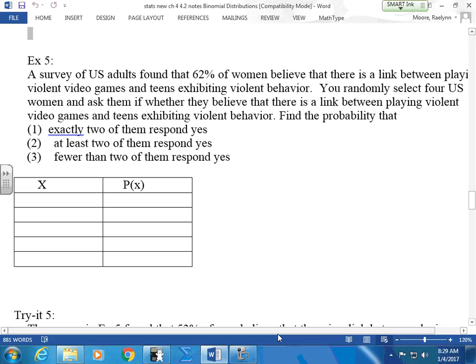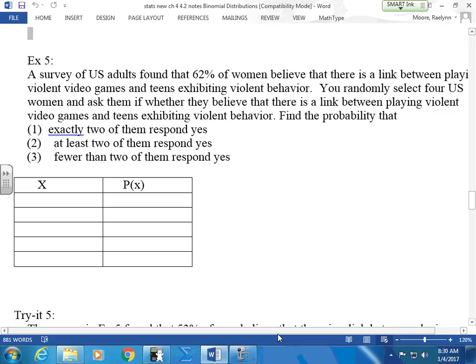A survey of U.S. adults found that 62% of women believe there is a link between playing violent video games and teens exhibiting violent behavior. Now, this is on page 206. See the source in blue? This is a valid source. This was done professionally.